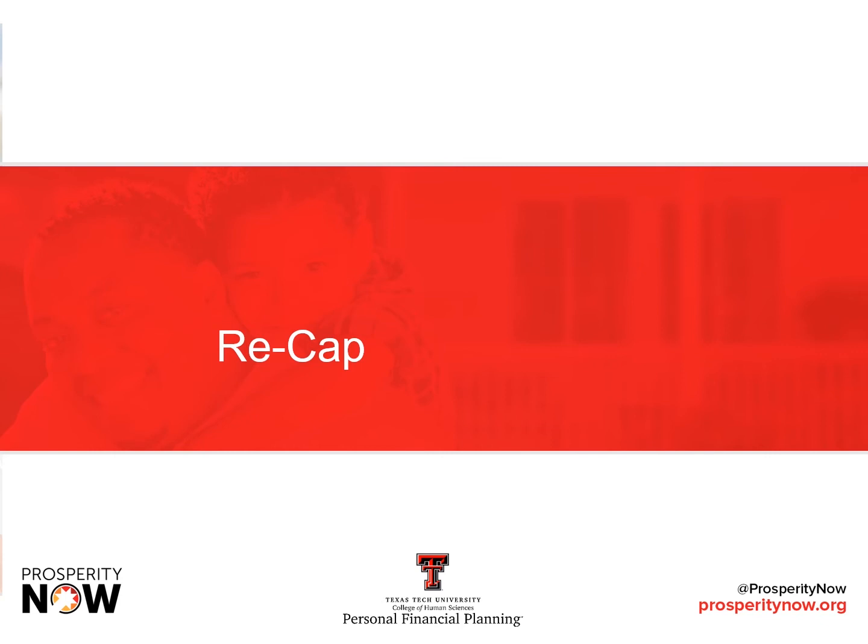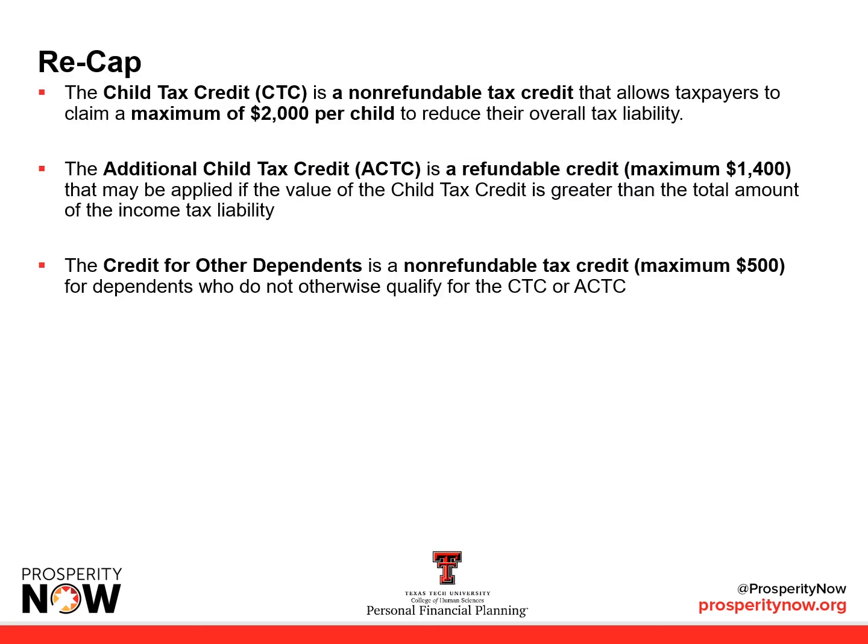So let's recap. The child tax credit, or CTC, is a non-refundable tax credit that allows taxpayers to claim a maximum of $2,000 per child to reduce their overall tax liability.